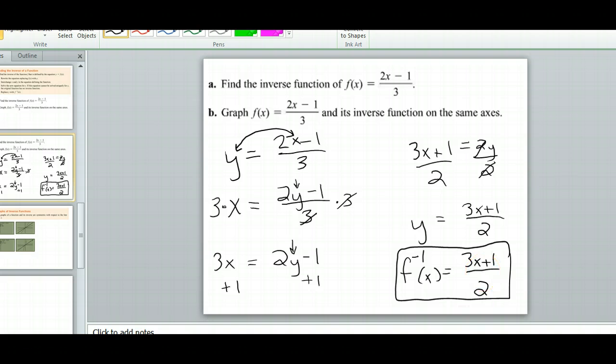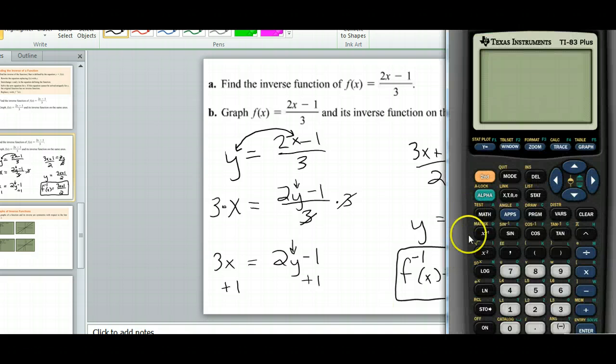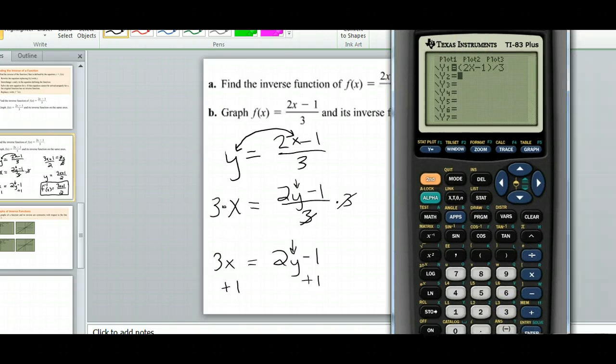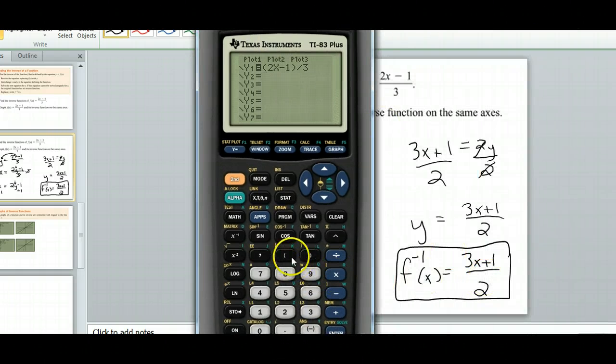Alright, and then one last property that we're wanting to show you here. If I start off with a function, so I got 2x minus 1 divided by 3, alright, and then my inverse function, which is 3x plus 1 divided by 2, alright, and I graph those.